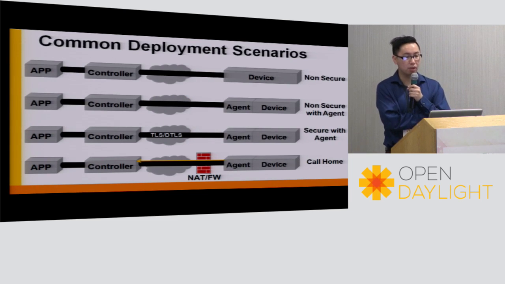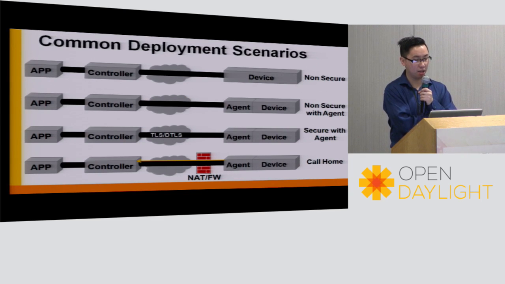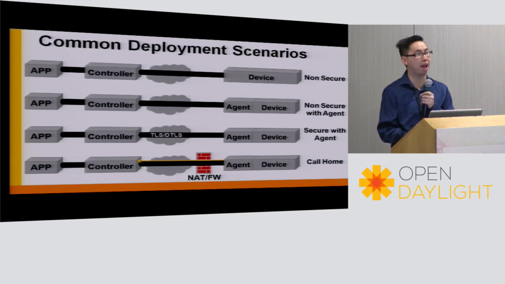The way you would deploy USC is you would have your device and your controller, with or without the agent. Now, if you don't have an agent, then it would be non-secure. We call this the fallback deployment scenario, in the sense that we want to support legacy enterprise environments that do not have the USC agent installed in their device. Our USC plugin is smart enough to detect that and fall back in that scenario.